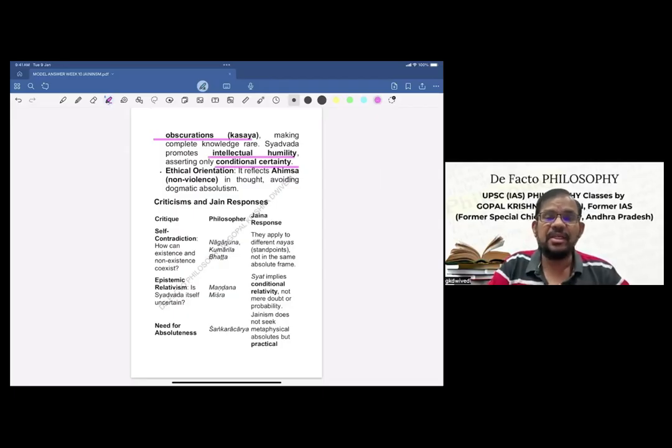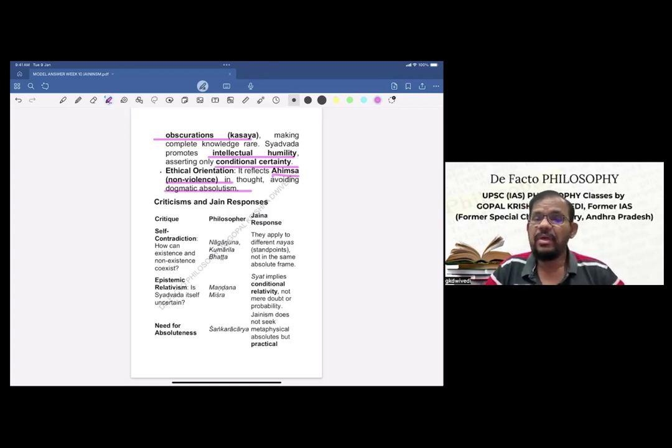Now, what is the ethical justification, or ethical orientation? It reflects ahimsa, non-violence in thought, avoiding dogmatic absolutism. So Jainism is actually called intellectual ahimsa, basically; ahimsa in thought as well. So this is the ethical orientation for Jaina theory.